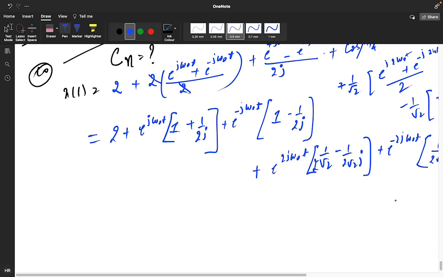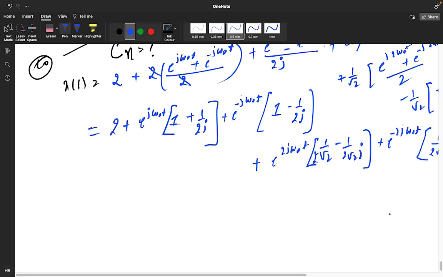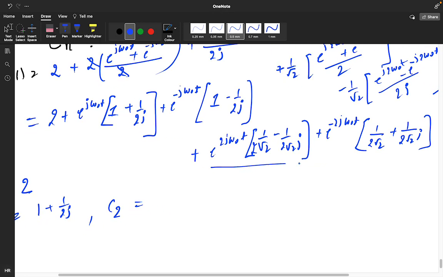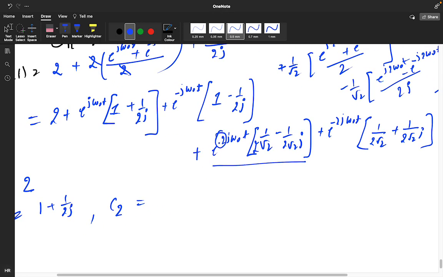So they had asked you to find the value of Cn. C0 you are getting is 2. What is C1? The C1 value is 1 plus 1 by 2j. What is the C2 value? Check the C2 value, it is this, because this is my n.